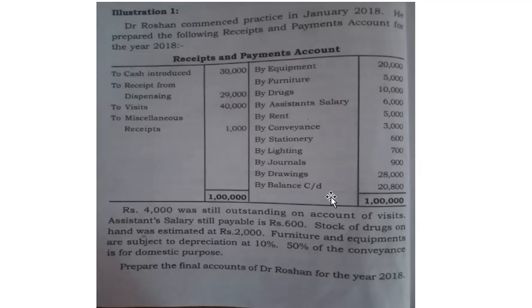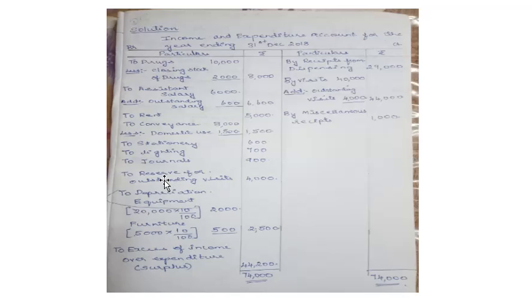Next, balance carried down will not come. It is a cash balance, it comes in the balance sheet. Only the expenses we have to record. So we have not recorded equipment and furniture because both are assets. Then the remaining all we have recorded. If there is outstanding we have added it. If there is any personal use we have deducted. If there is stock we have deducted. So till here journals 900 we have written.